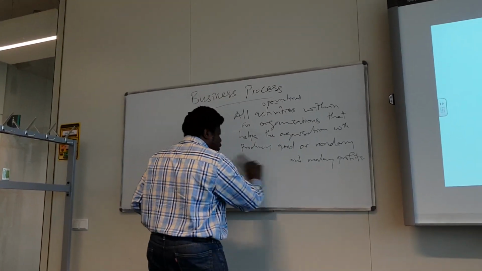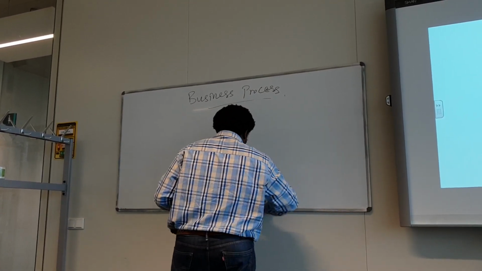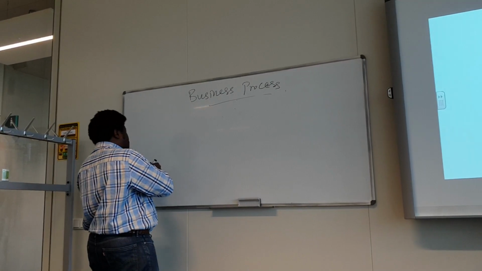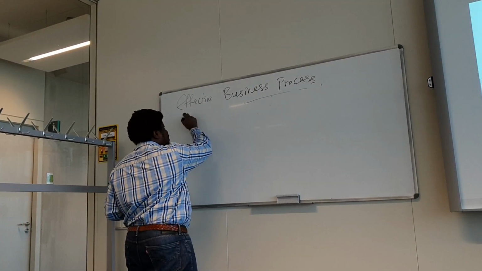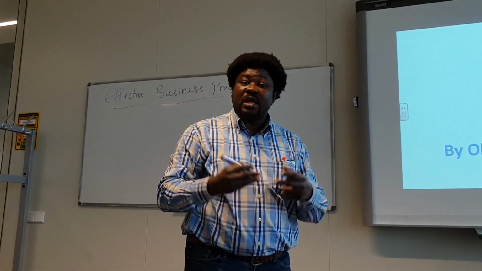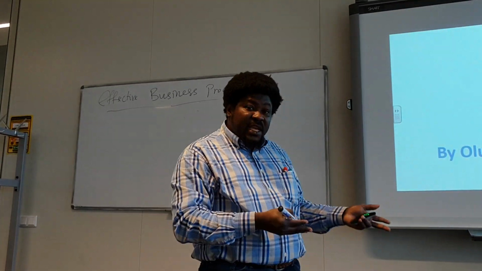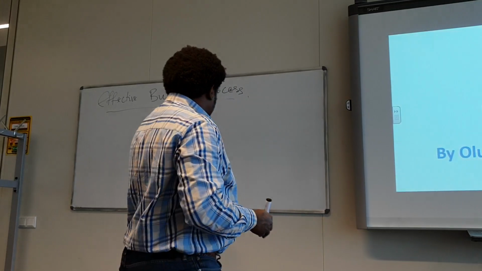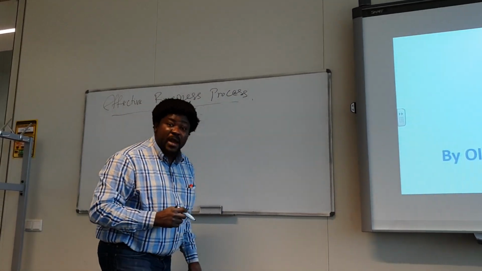But how do we achieve an effective business process? So I'm going to add the word effective here. If you've seen my previous videos on YouTube, you would know that I have said that the word effective means doing the right things, as defined by Peter Drucker. Effectiveness is about doing the right things, whereas efficiency is about doing things right. Going back to business process, an effective business process must involve the strategic managers.